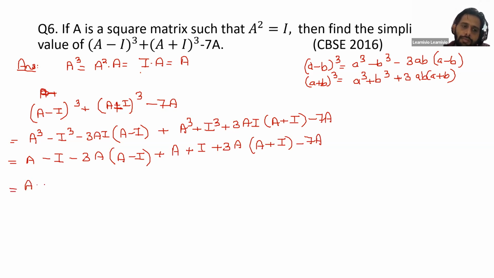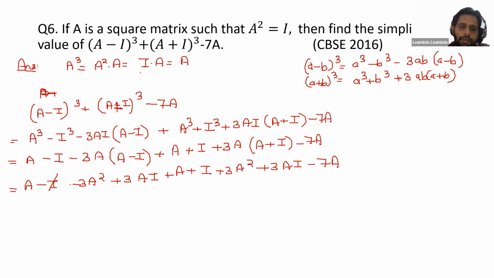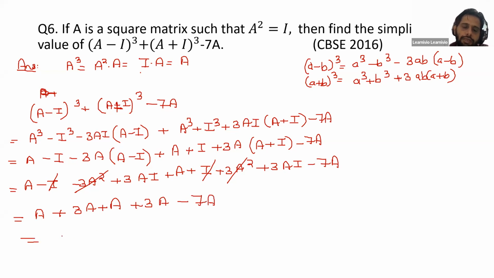Again, open this: A minus I minus 3A square plus 3AI plus A plus I plus 3A square plus 3AI minus 7A. Cancel out: I cancels out, minus 3A square plus 3A square cancels out. Here we get A plus 3A plus A plus 3A minus 7A. So 8 minus 7 is A. This is the final answer.